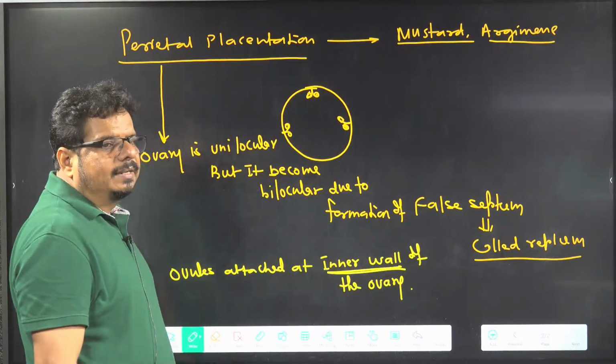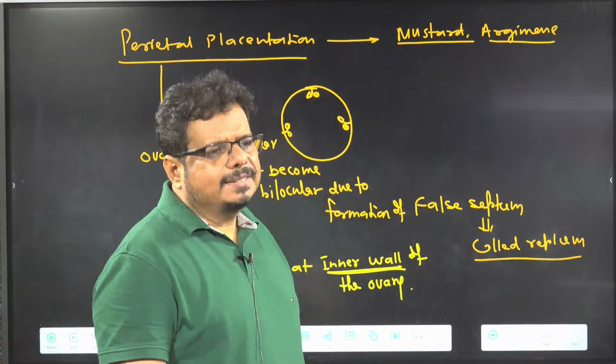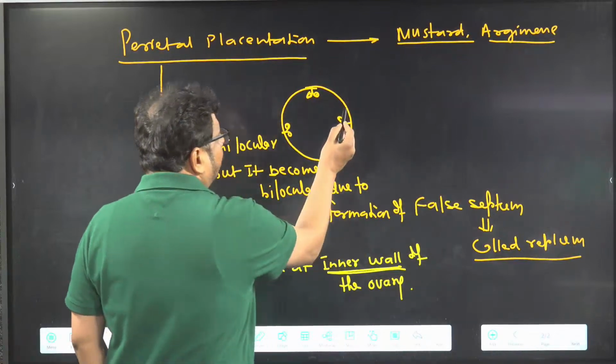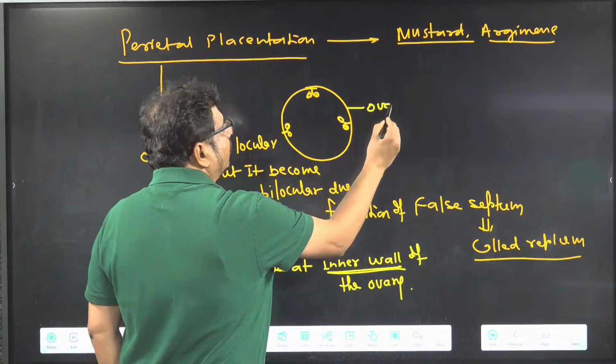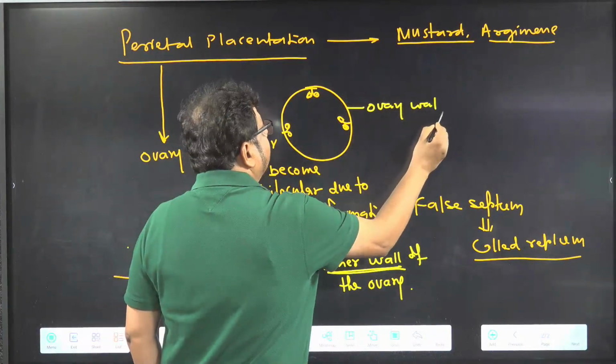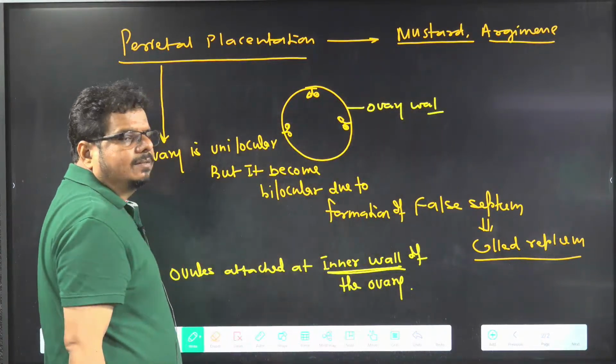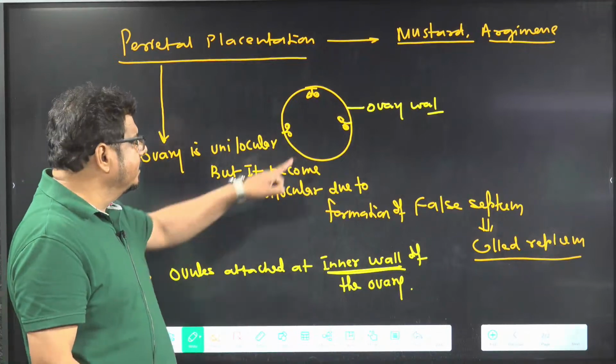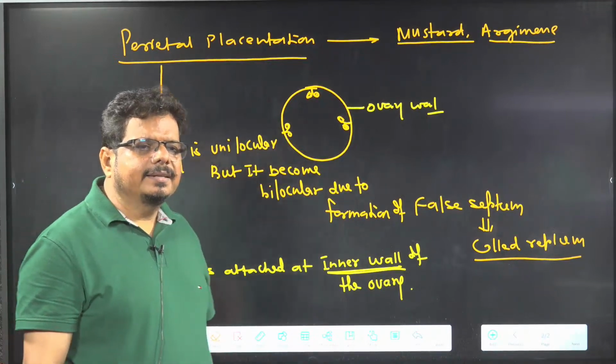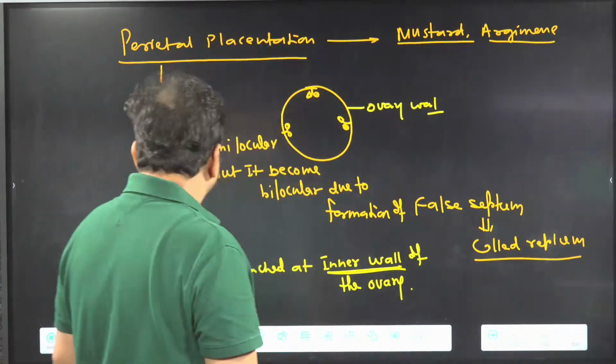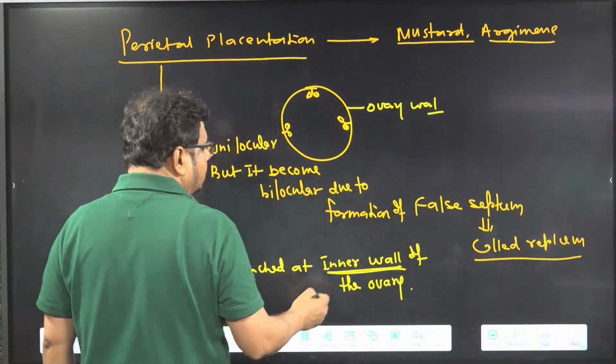Inner wall of the ovary. Means ovule does not arise from the axis. Look, this is the ovary wall, and at the inner wall of the ovary, ovule is attached. It is not arising from the axis. Understanding the idea or not? Clear in the mind? So these are the false septum.